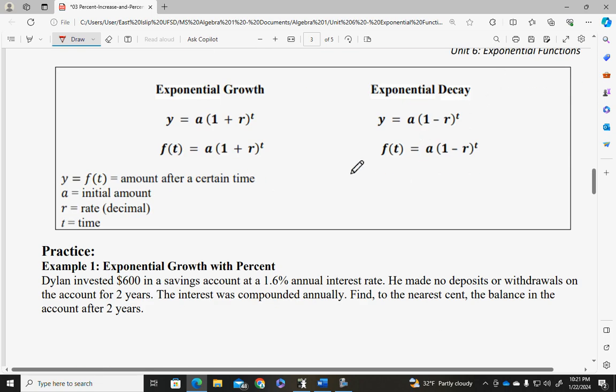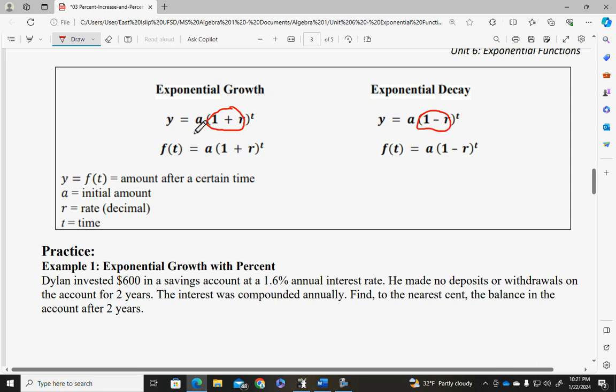So this talks about being greater than 1, right? If we add something onto 1, that grows. This is a way of showing how it's a decay because it will be between 0 and 1 if I'm taking away the rate from 1.